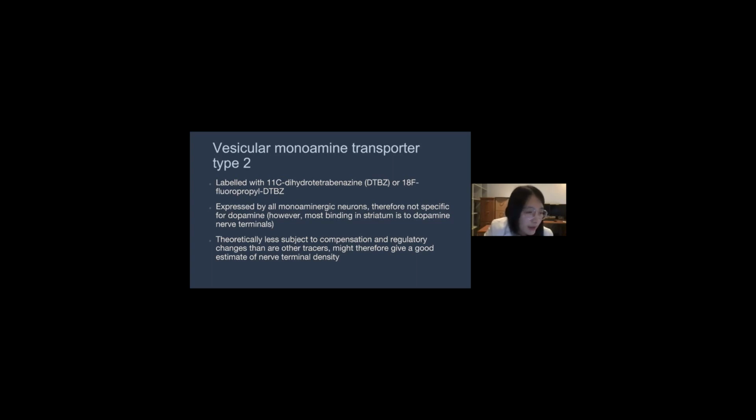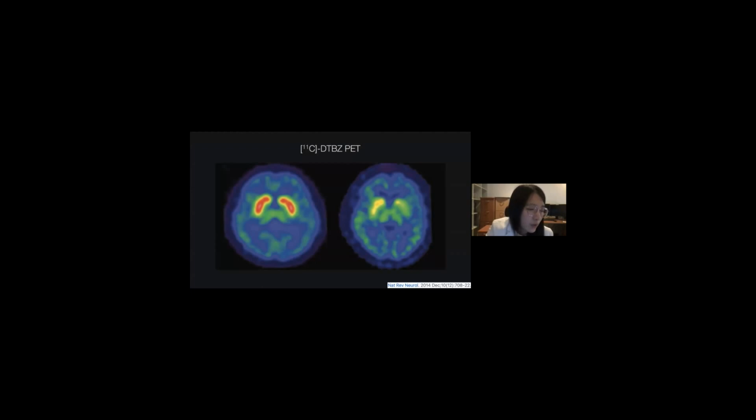Theoretically, it is less subject to compensation and regulatory change than other tracers, and therefore gives a good quantitative estimate of nerve terminal density. This is an example of vesicular monoamine transporter type 2, DTBZ, of a normal control and PD.